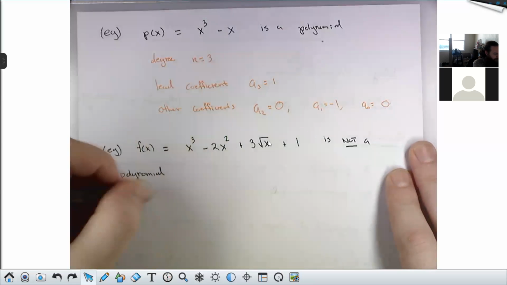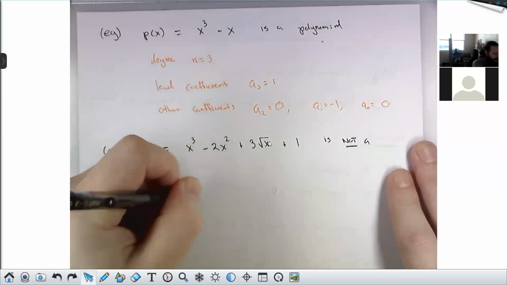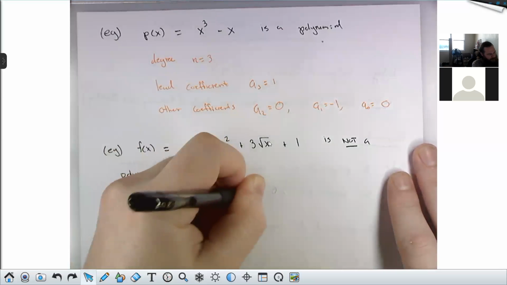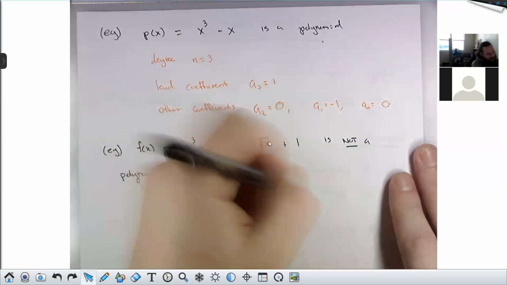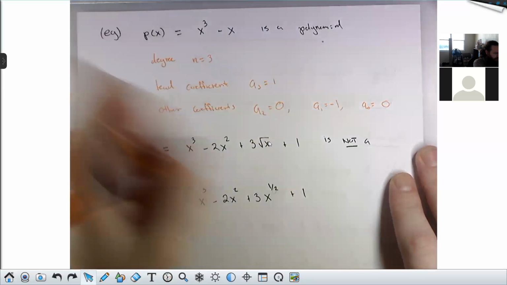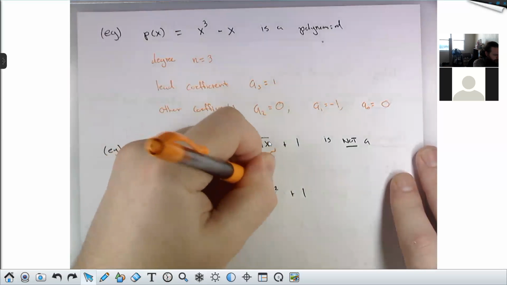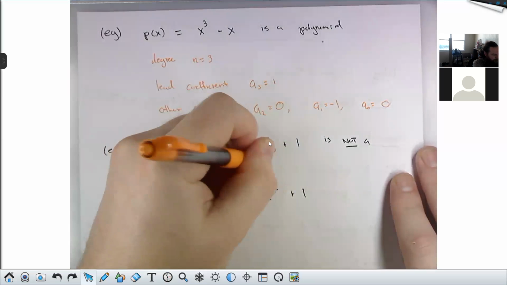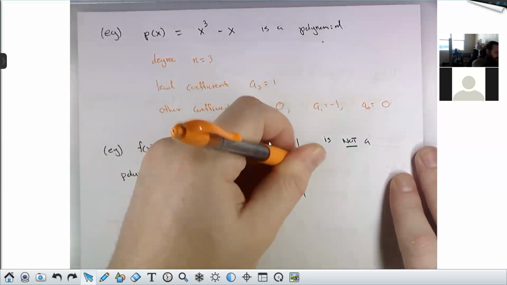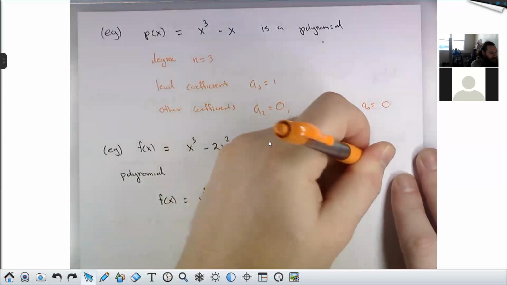What is this f of x here? If I try to write this in that form, this is x cubed minus 2x squared plus 3x to the 1/2 plus 1. So the problem is this guy. Non-integer power of x.